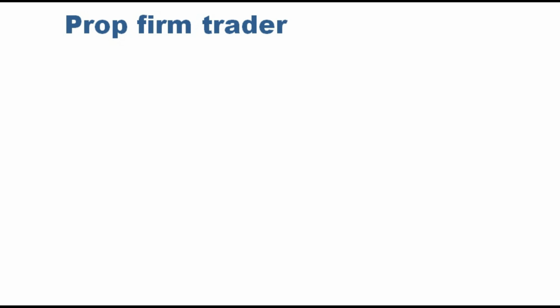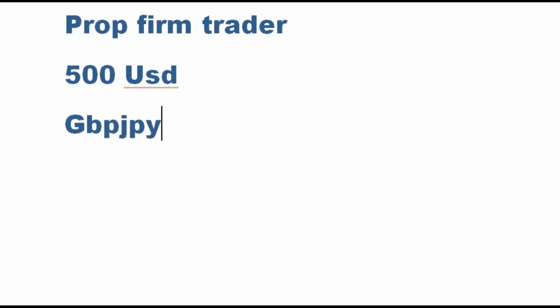Let's take a scenario where you have a $500 account. You have 500 USD in your account and you want to trade GBPJPY. You want to buy that pair. You have confirmed an entry through technical analysis; the system is giving you an entry on GBPJPY.